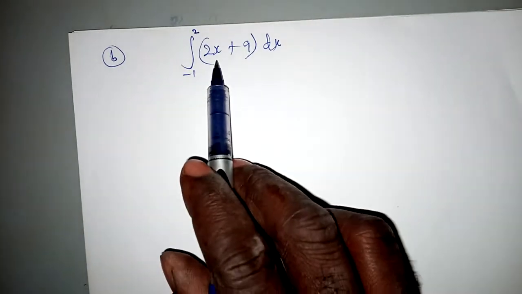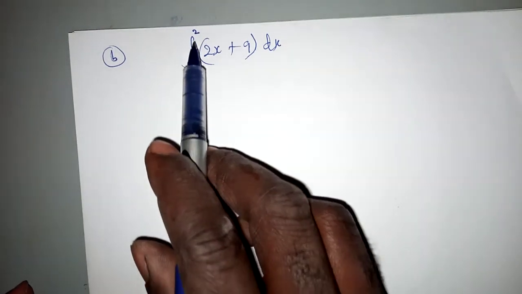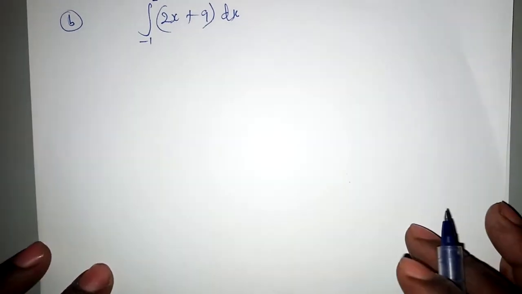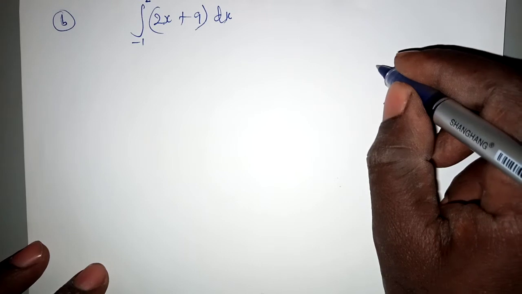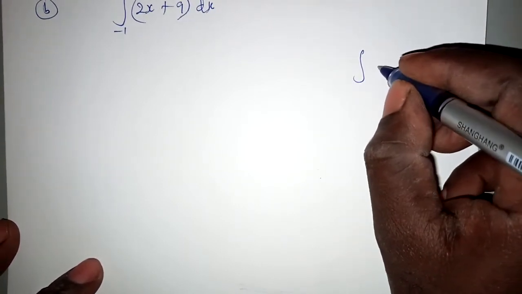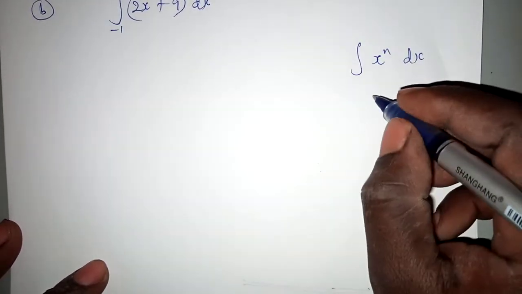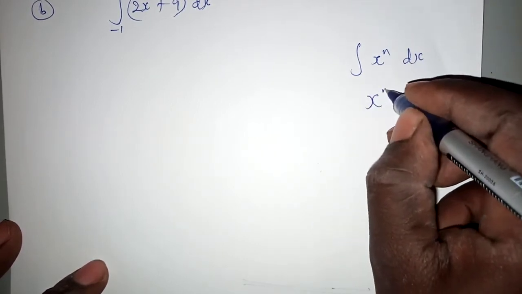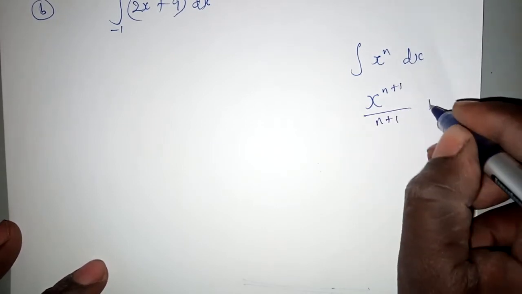We are asked to integrate this expression with respect to x from -1 to 2. The general formula for integration says if you are asked to find the integral of x to the power of n with respect to x, it is equal to x to the power of n plus 1 over n plus 1, plus c.